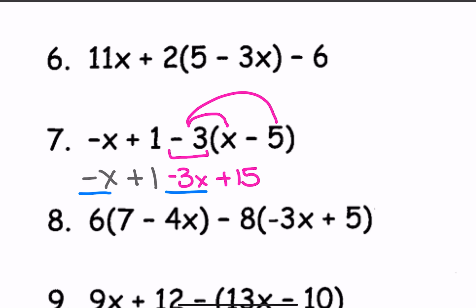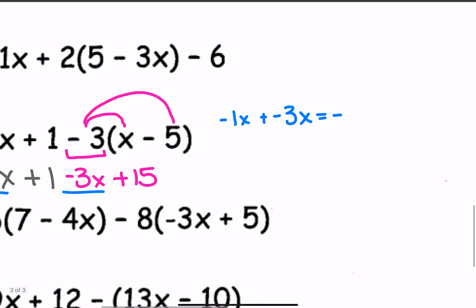Remember, this negative x is technically a negative 1x, but mathematicians don't like to write ones if they're being multiplied, so you got to be careful about that. So negative 1x minus 3x. Well, they have the same sign, right? We're adding them together, and they have the same sign. So when we add stuff that has the same sign, negative 1x and negative 3x have a negative, your final answer is going to be negative.